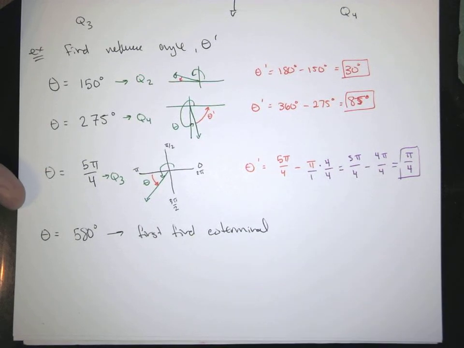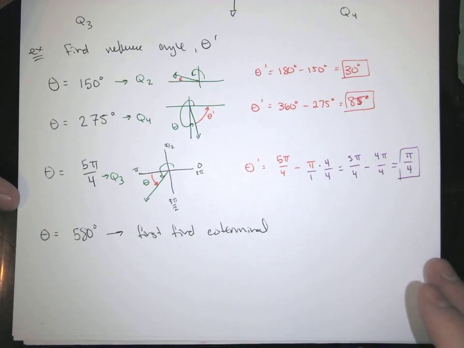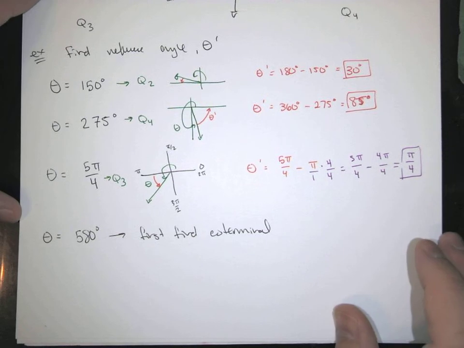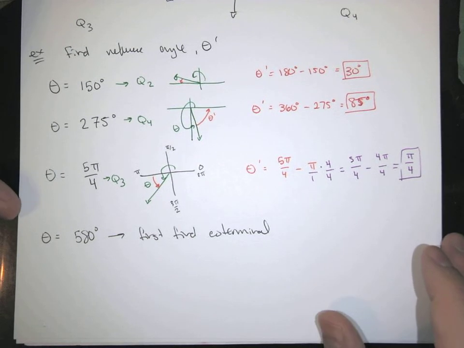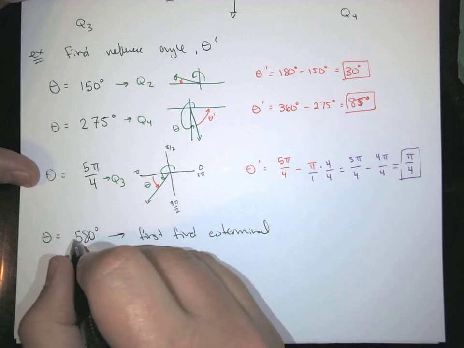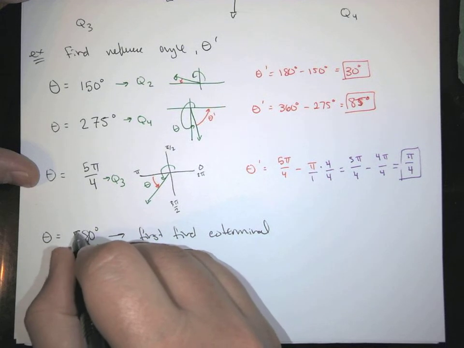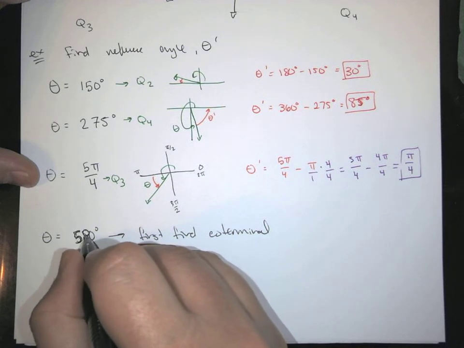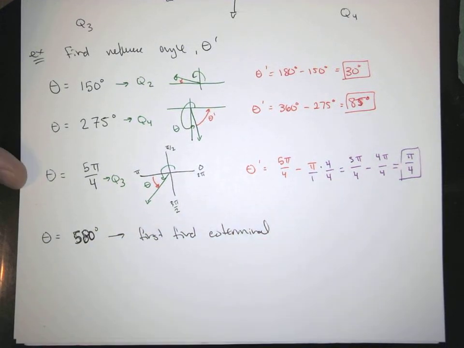Before we determine the positioning, we can kind of figure this out on our own if we want to, but really our reference angles are built on angles between 0 and 360. So if we're working with 580, that's just too big by itself. We need to subtract a rotation off of here first.